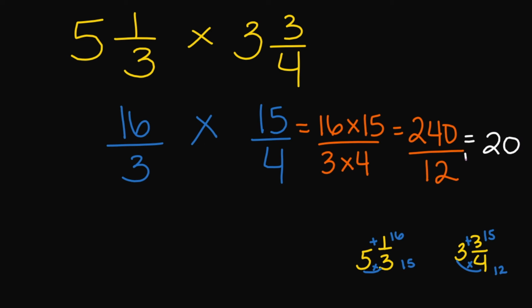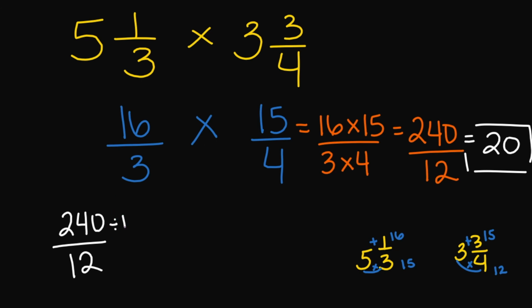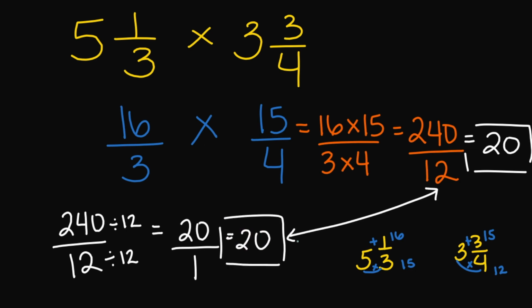So your final answer is 20. And if you want, you can still simplify 240 over 12 because the number 12 goes into both the 240 and 12. So 240 divided by 12 is going to equal 20, and then 12 divided by 12 is going to equal 1. So 20 divided by 1, this is going to equal 20. All right, so you still get the same answer.